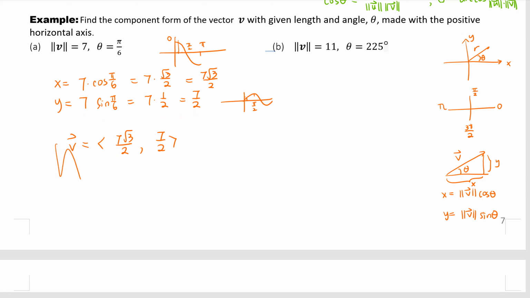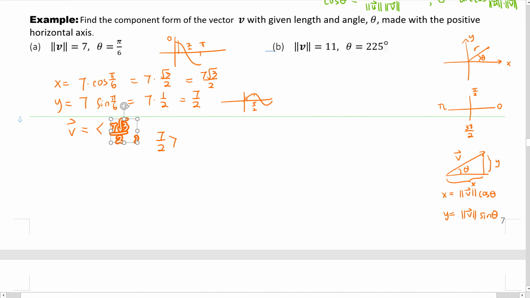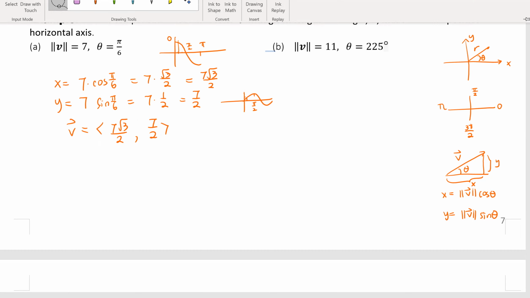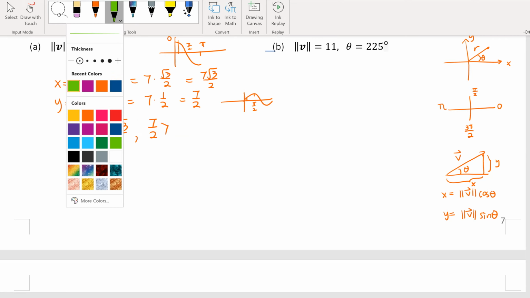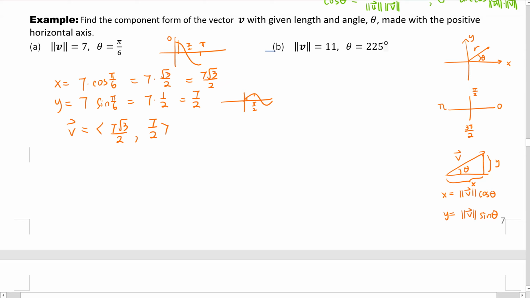Let me just move them up a little bit, then I have more space to show you. Let's use a different color. Which one do you like? Let's pick something else. I've seen green a lot. How about purple?